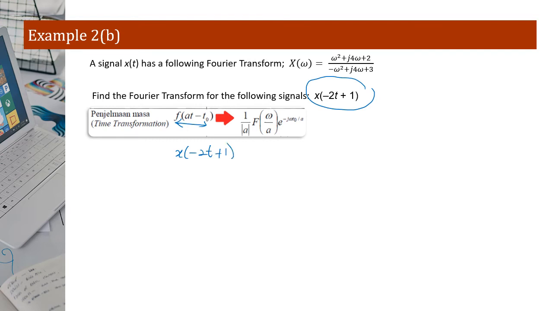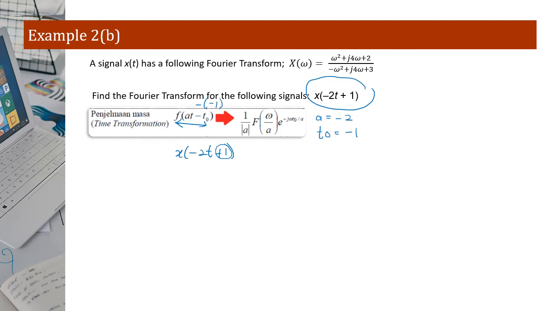So you know that your a in this case equals negative 2, and then your t naught equals negative 1. Why negative 1? Because the t naught at the back is positive 1, so it's negative 1.